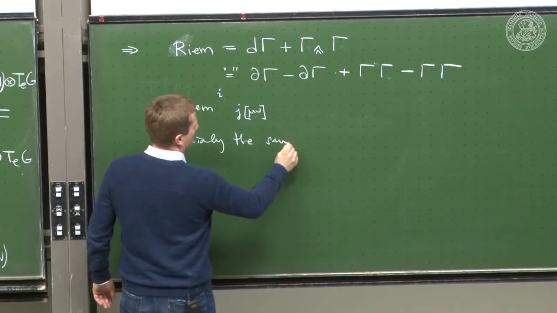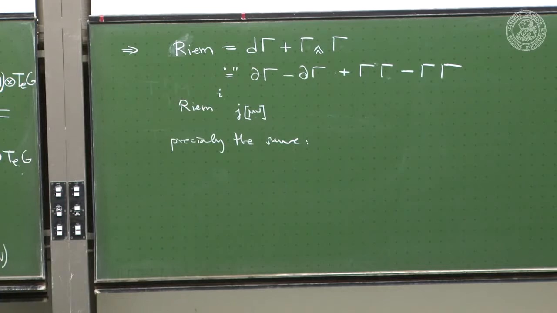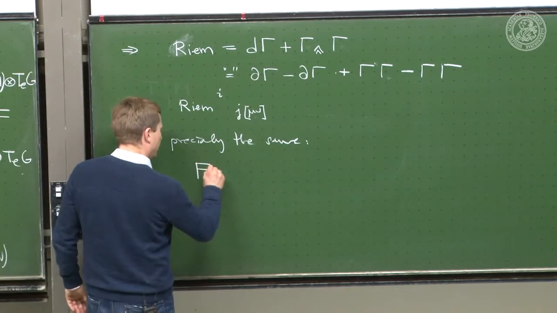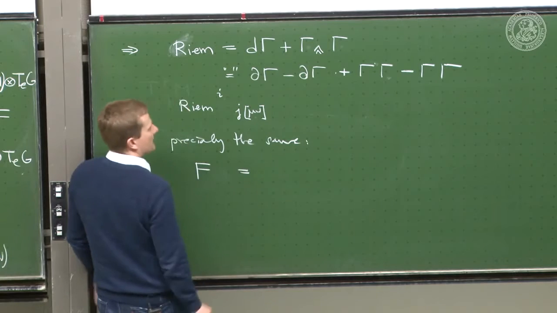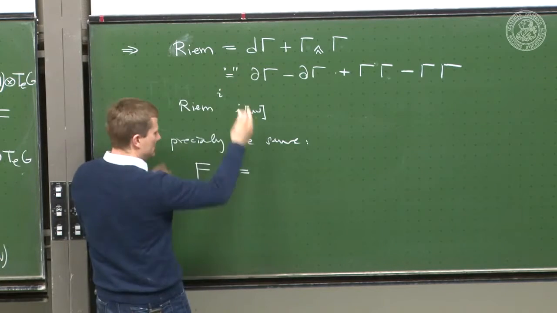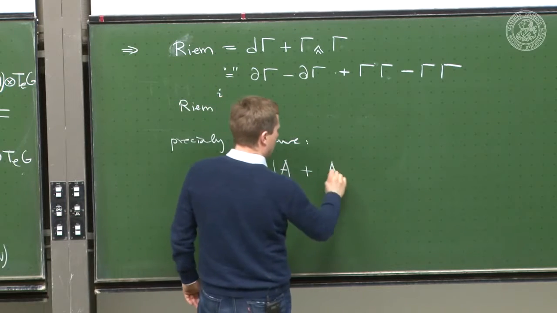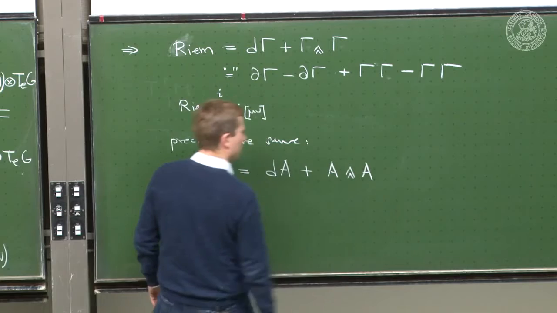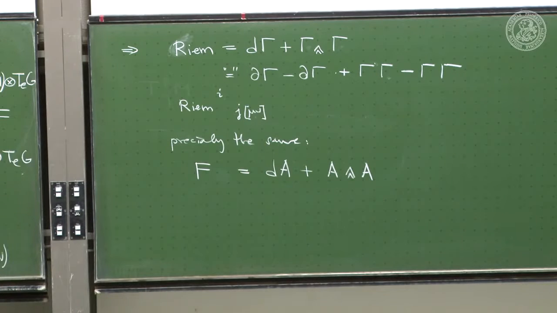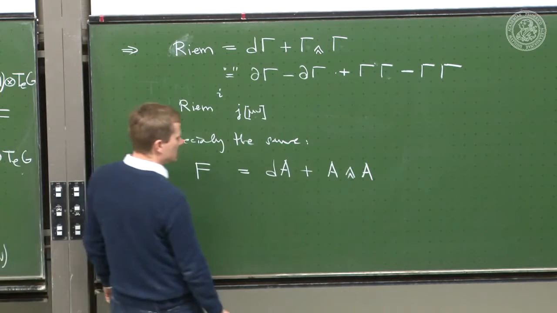Precisely the same, because gamma is A and Riem is F, you have that the field strength in non-abelian gauge theory, and this is a non-abelian gauge theory, is dA plus A wedge A. These are the standard formulae.